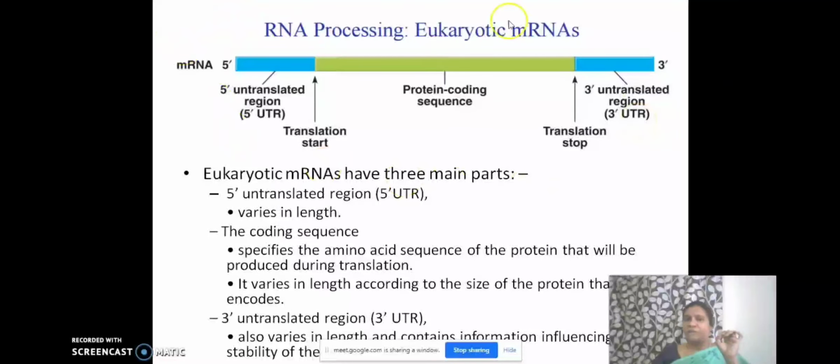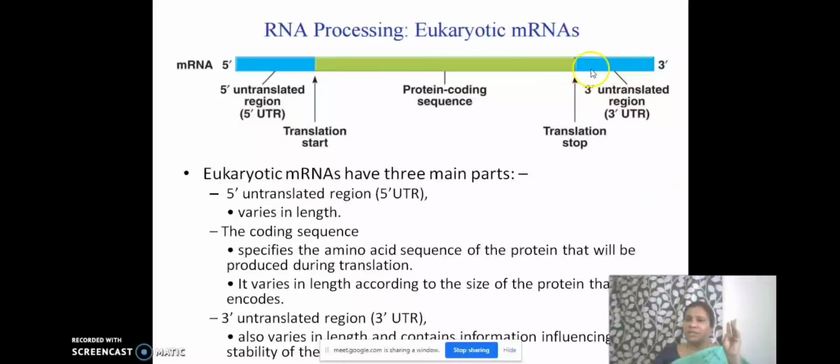So for the structure of mRNA, don't get confused about what is translation and all. Just understand the structure of mRNA. It has 5' UTR, it has the protein coding sequence, and then 3' UTR. That's all. Okay, what are the three important regions in an mRNA? You have the mRNA 5' site, particularly the untranslated region, or simply we call it 5' UTR.